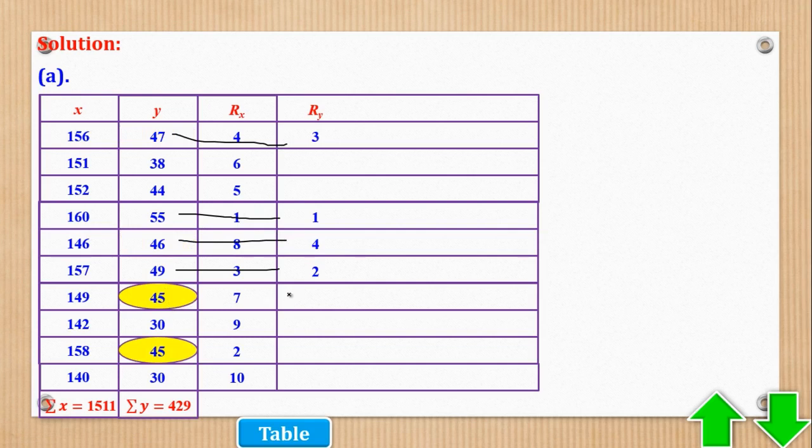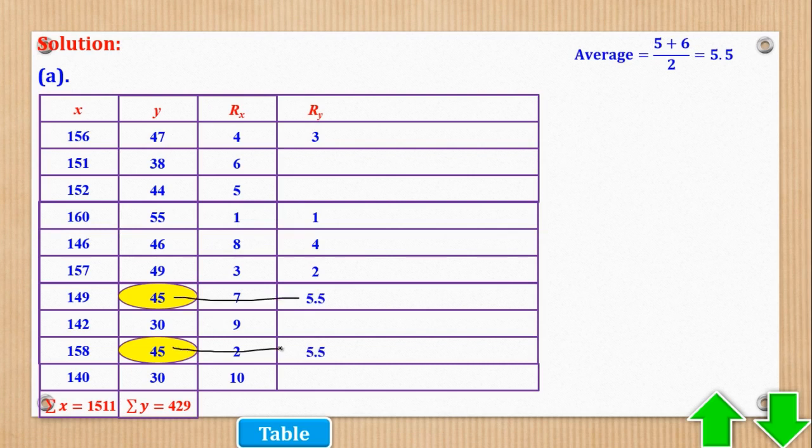One would have got rank 5, another would have got rank 6. So we have to give them the same rank, meaning we have to get the average. We get the average of 5 and 6, which is 5.5, and that's what we put for both. So this gets 5.5 and this one also 5.5.